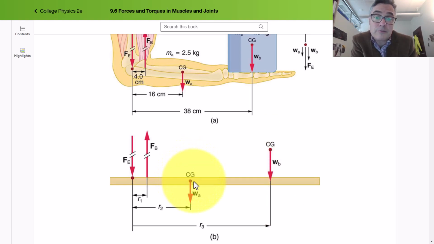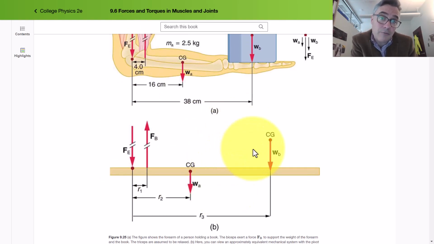Here's the center of gravity of the forearm, and this force is actually a downward force from the upper arm on the elbow. And all of these forces in the vertical direction have to balance to keep it in static equilibrium, and the torques around some pivot point have to balance as well.